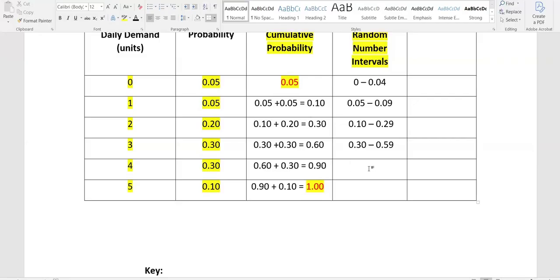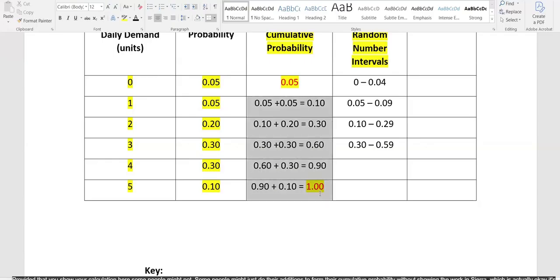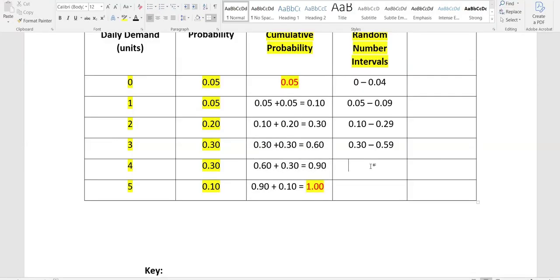Yeah, that's what Jackie is saying, but that is provided that you show your calculations, which is why I don't want to generalize that. Some people might just do their additions to form their cumulative probability without showing the workings here, which is acceptable. Sir, I'm curious to know what the last one is going to be.